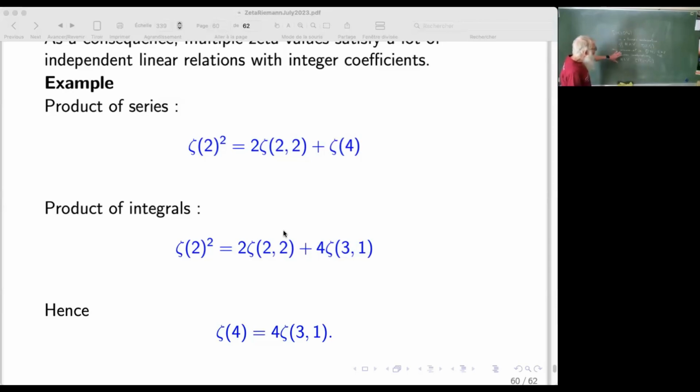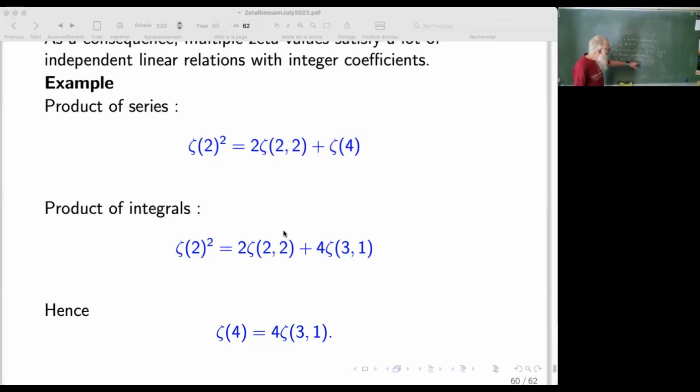So using these multiple zeta values, we replace the problem of algebraic independence, which is the linear independence of monomials. A polynomial is a linear combination of monomials, by a problem of linear independence.